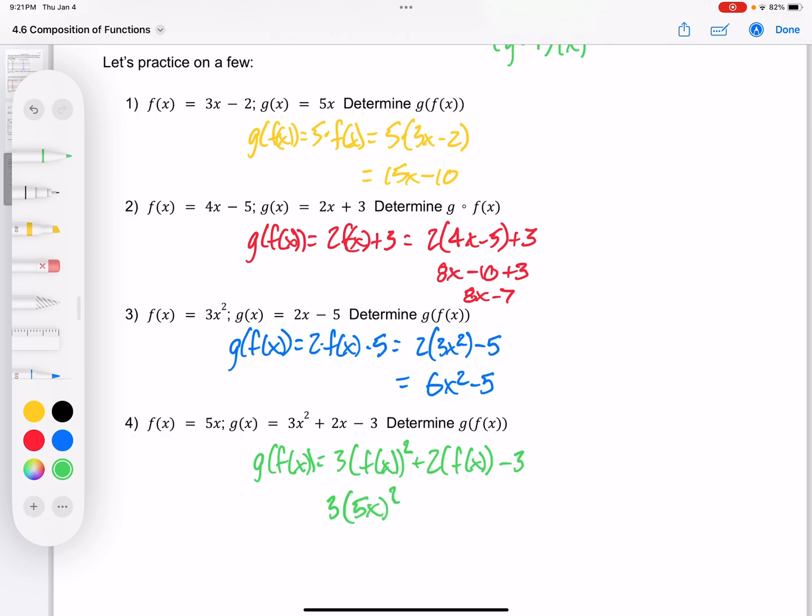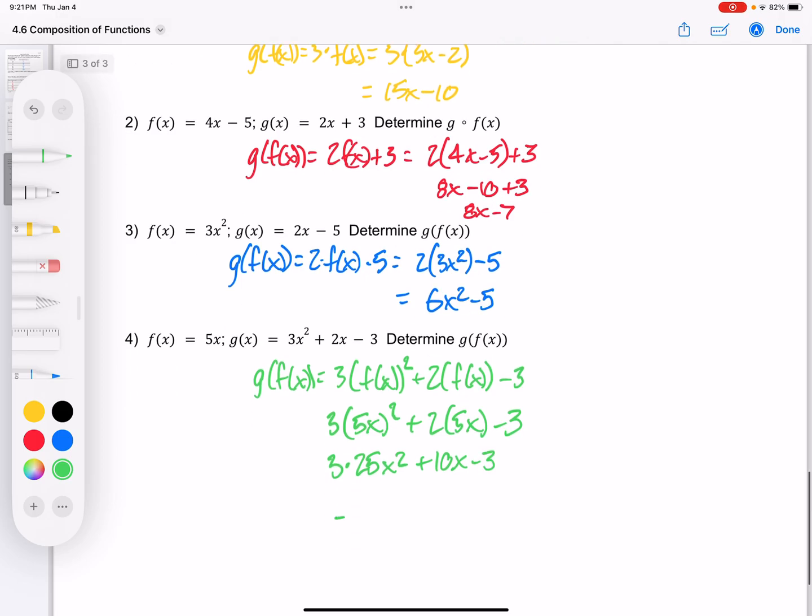So (5x) squared plus 2 times 5x minus 3. So remember, PEMDAS means we have to square this first. So this is 3 times 25x squared plus 10x minus 3, which is equal to 75x squared plus 10x minus 3. That is the last g of f of x.